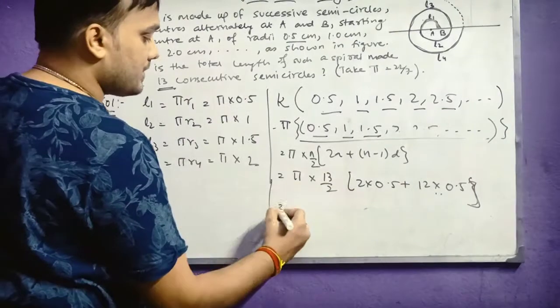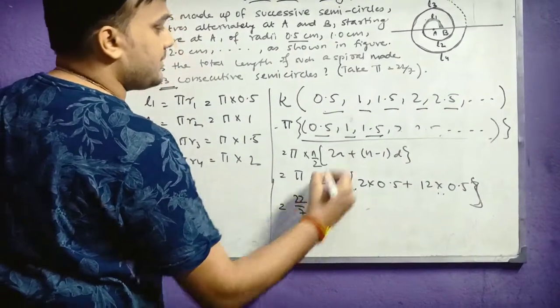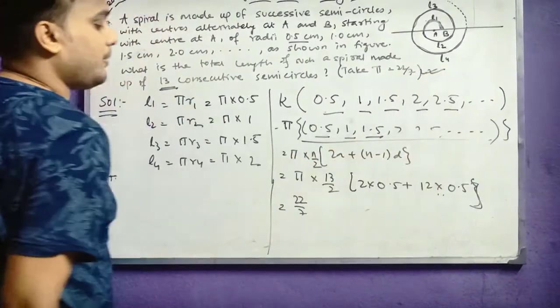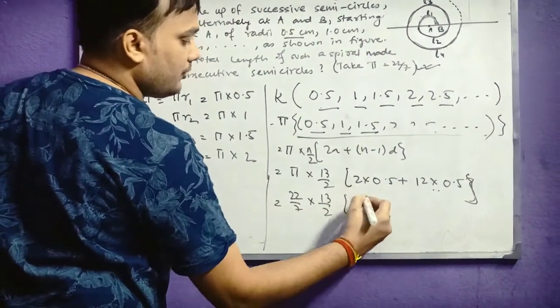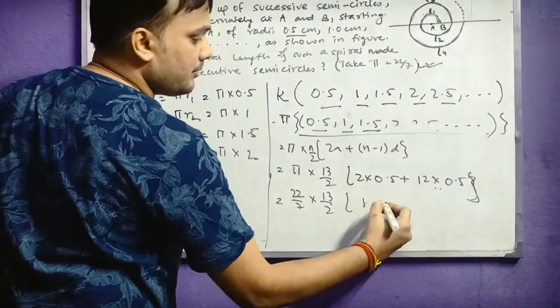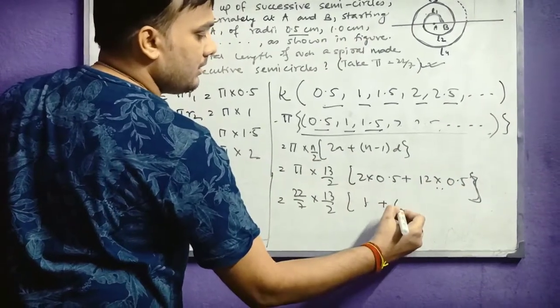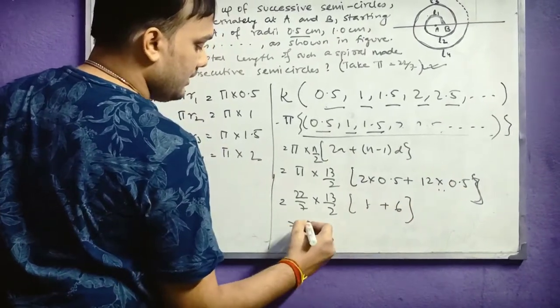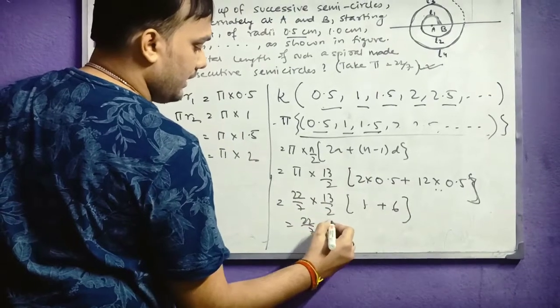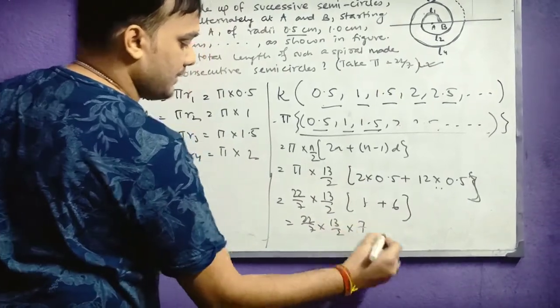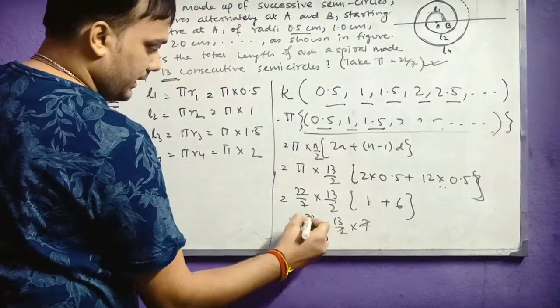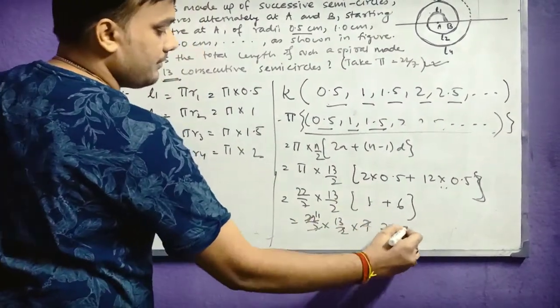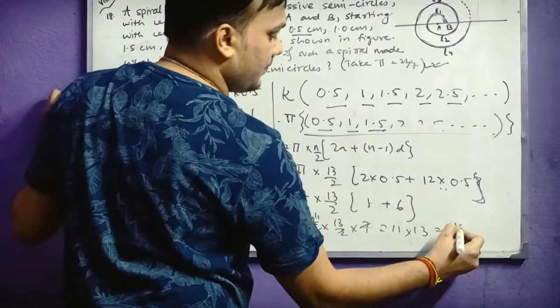So it will be equal to 22 by 7, because we are asked to take pi as 22 by 7, into 13 by 2, 2 into 0.5, that is 1, plus 12 into 0.5, that is 6. So it will be 22 by 7 into 13 by 2 into 7. If you do the calculation, it will be equal to 11 into 13, that is 143.